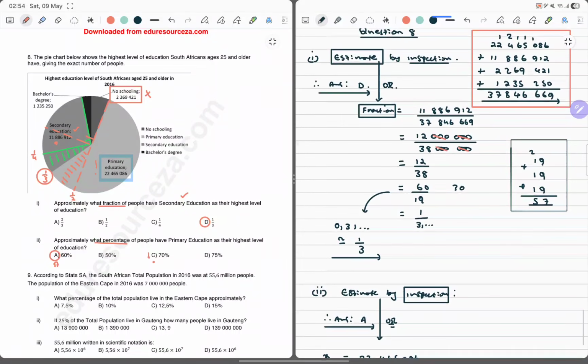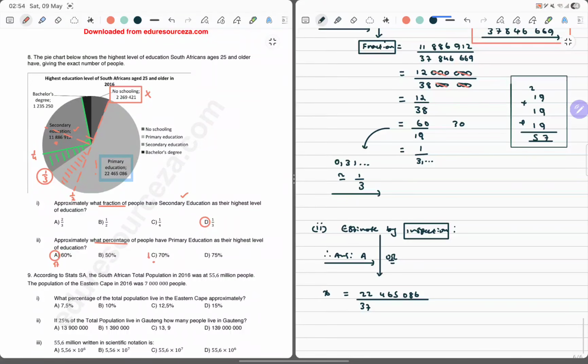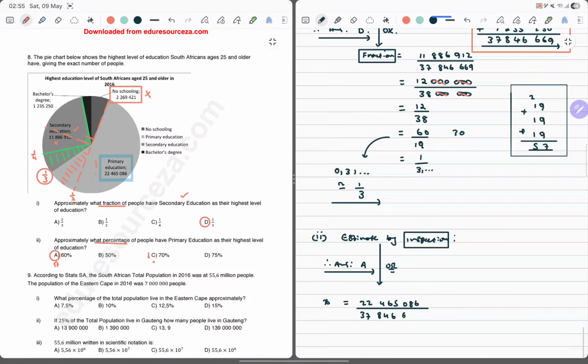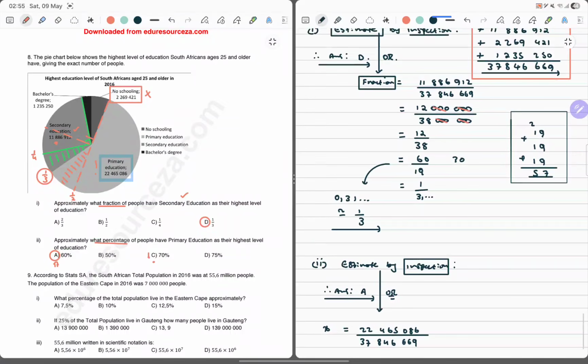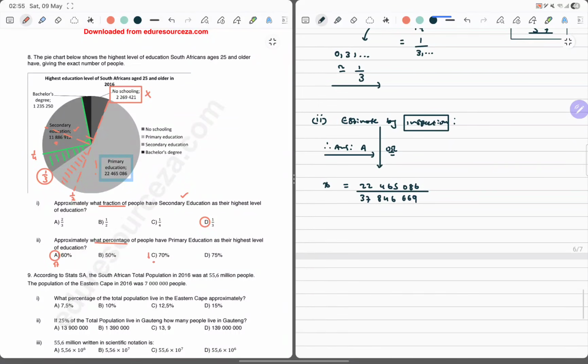In fact, if you chose that approach, it's already there: 37,846,669. Right, so of course, we're going to multiply this by 100%, isn't it? Yes, of course. But now again, this is a mess. So we need to check.